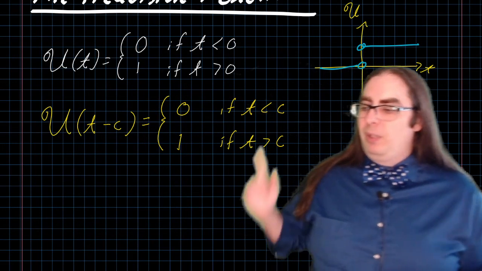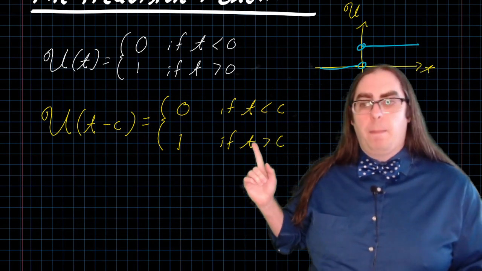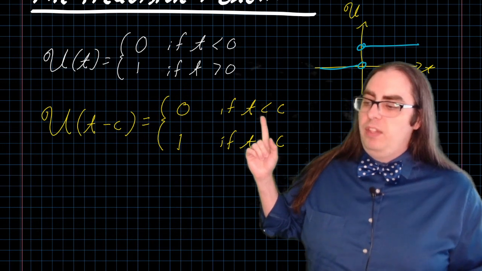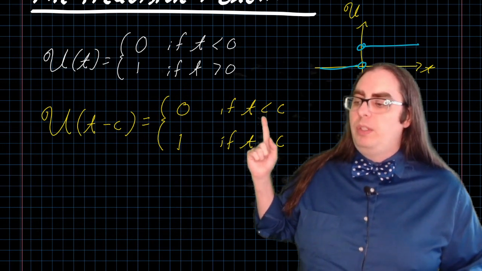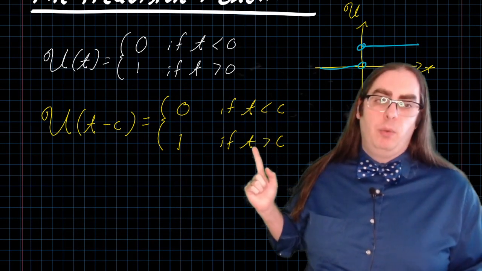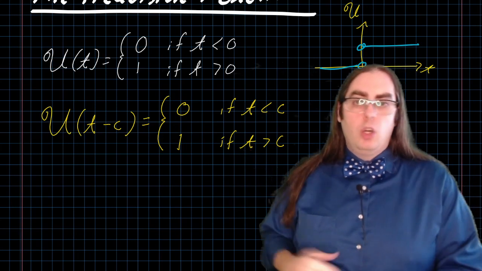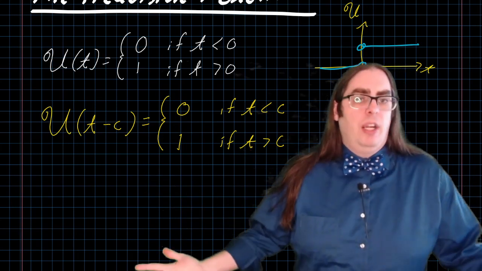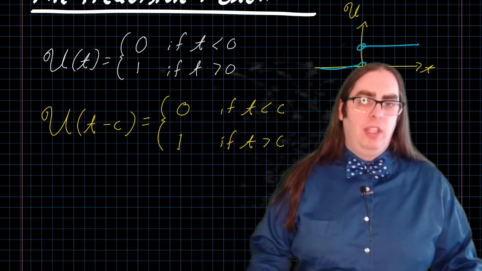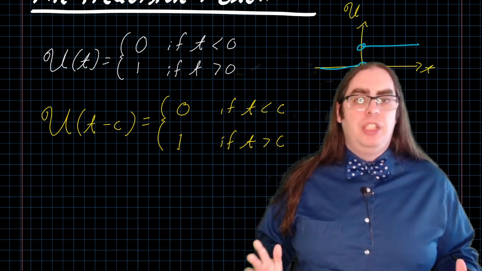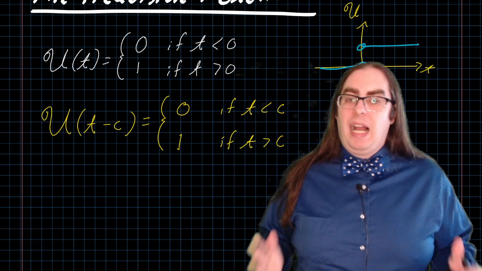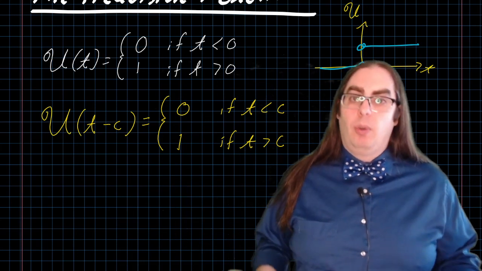And so for that reason, I just don't care. I don't care if this is defined to be equal to 0 when t is equal to c, if it's defined to be equal to 1 when t is equal to c, or if it's defined to be randomly 5,000 when t is equal to c. That won't change anything at all, and I don't have to think about it this way, so I don't.